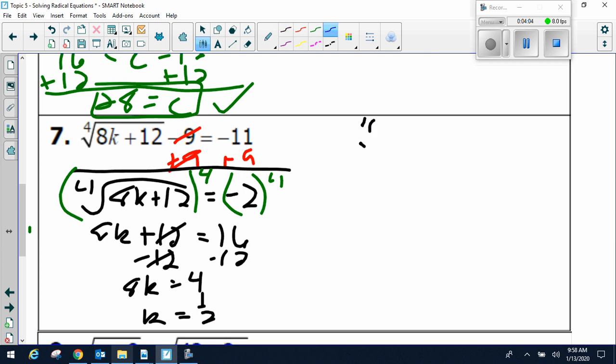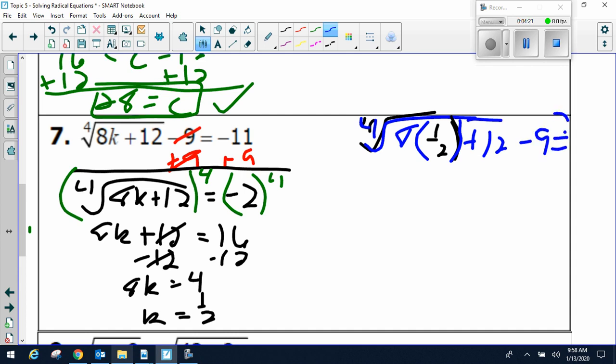So it's the 4th root of 8 times k, which is 1/2, plus 12 minus 9. Does that equal -11? Well, the 4th root of 8 times 1/2 is 4, plus 12, minus 9.